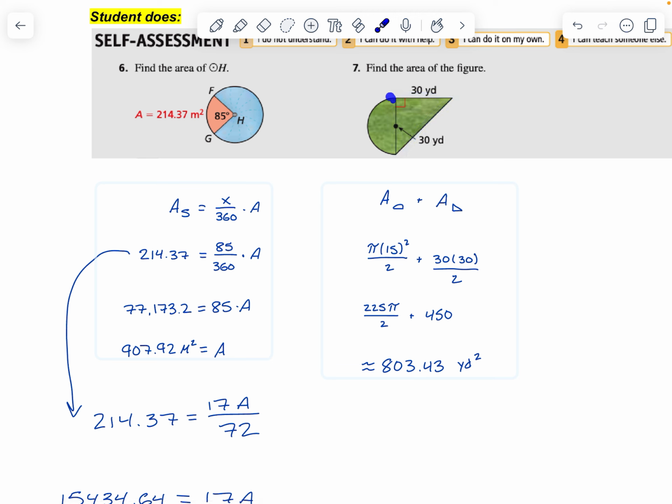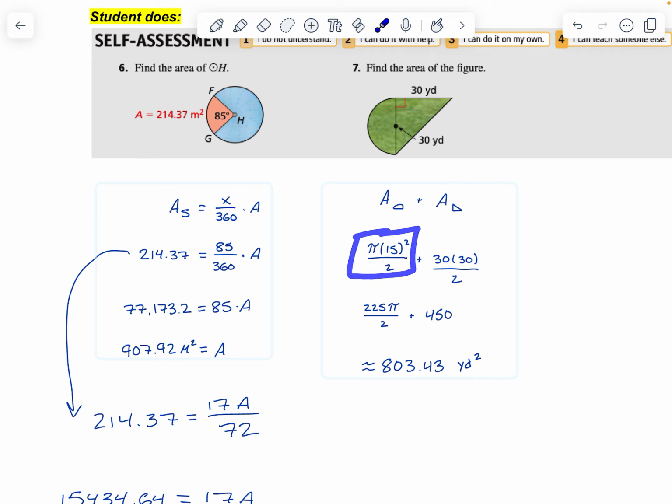Semicircle, if I wanted the entire area of that entire circle, I would just do pi r squared, but I want half of it. Pi times 15 squared. I know that's 15 because the whole thing is 30.